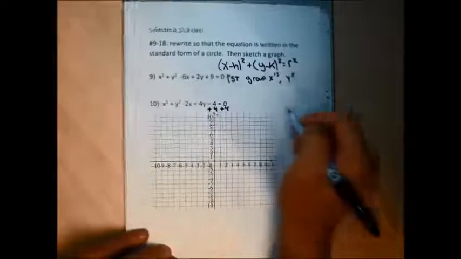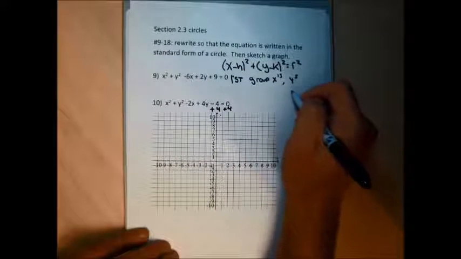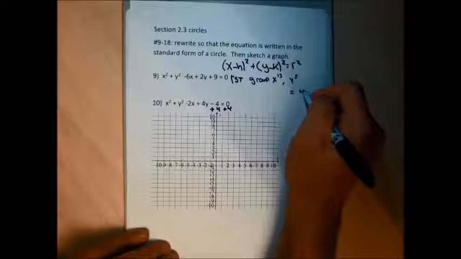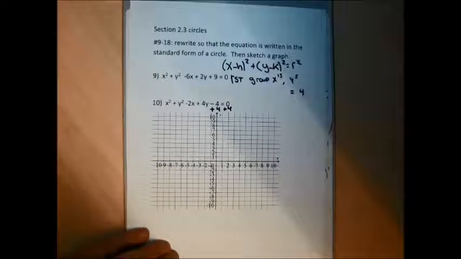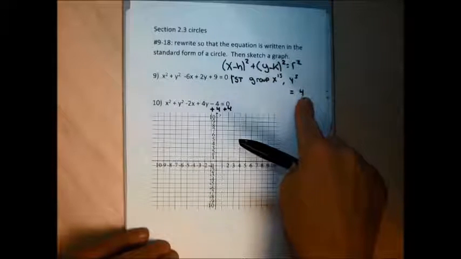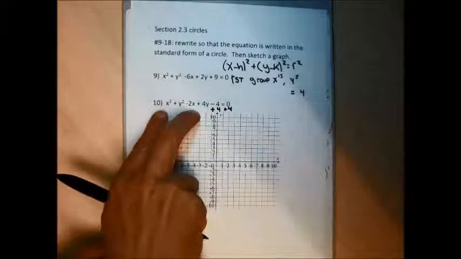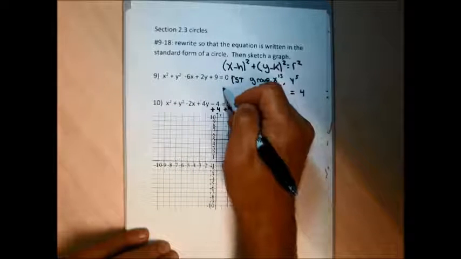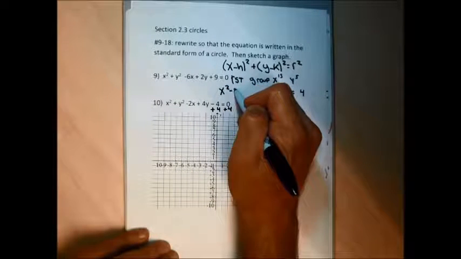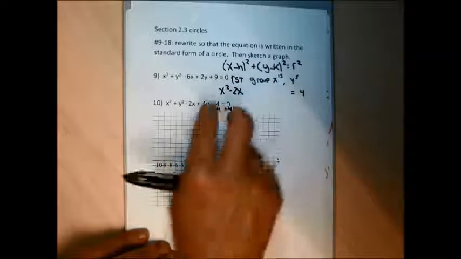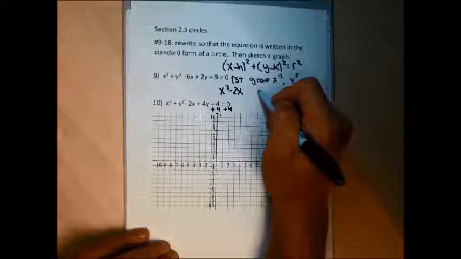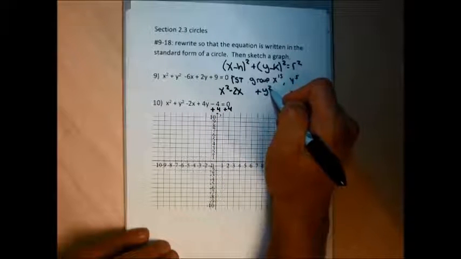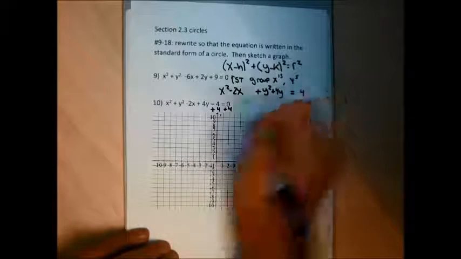I'm going to add 4 to both sides, and when I add 4 to both sides, that's going to give me a 4 on the right-hand side of the equation. That feels like the radius is going to be 2, but unfortunately it's not. On the left-hand side, I'm going to group the x's, x² - 2x, and group the y's, plus y² + 4y, equals 4.